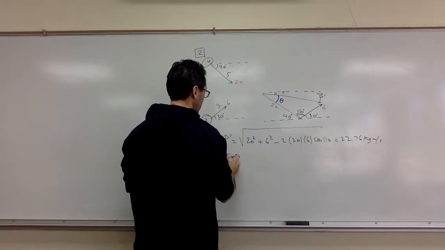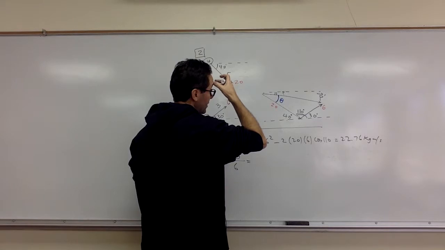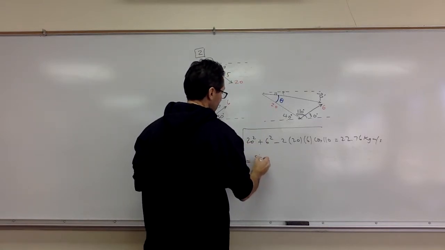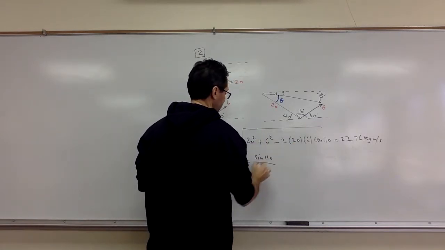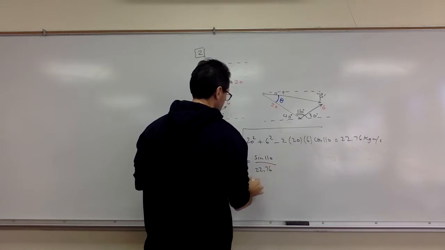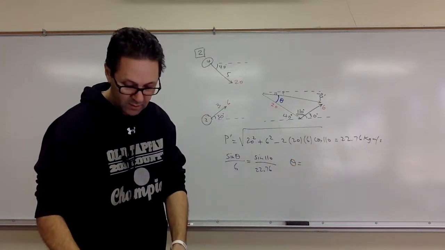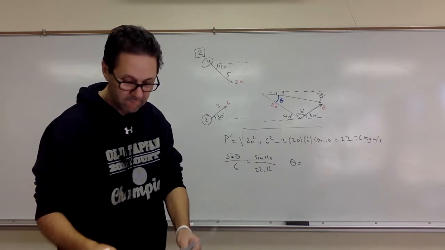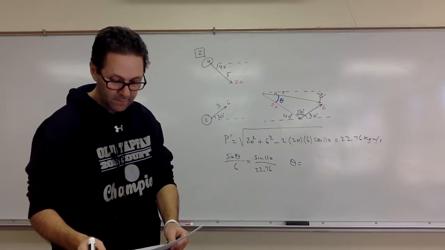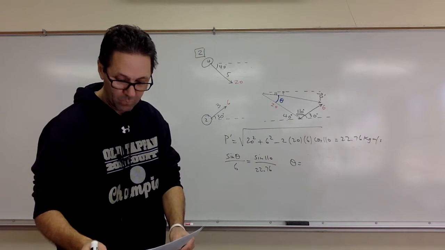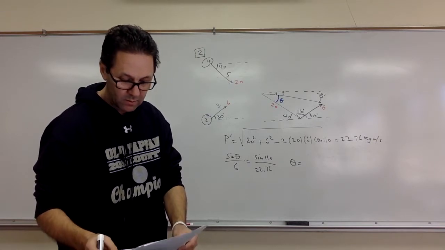Sine of theta over 6 equals sine of 110 over whatever I found. Okay, and you should get an angle equal to, let me see.